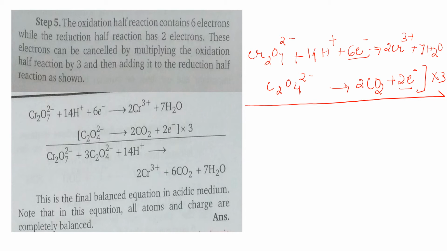Now after multiplication what am I getting? The electron in the second one is becoming 6. So this electron and this electron get cancelled. Now what am I getting? Cr2O7 2- because I am adding both the reactions, plus C2O4 2-, but I have multiplied it with 3, so it will be 3C2O4 2-.